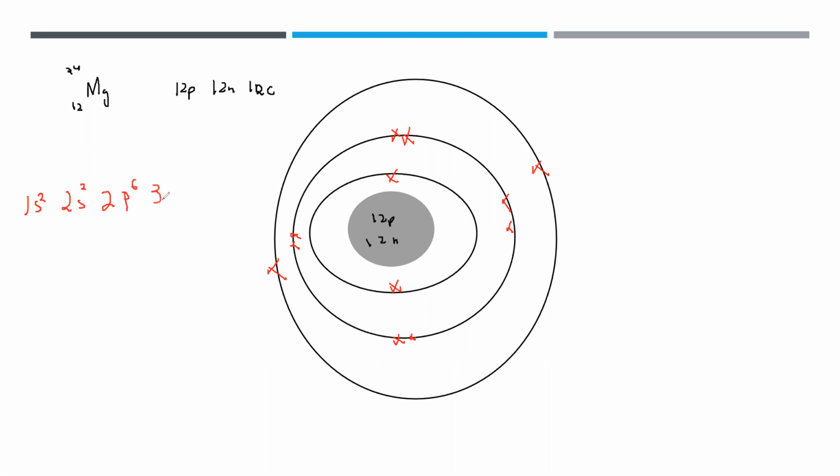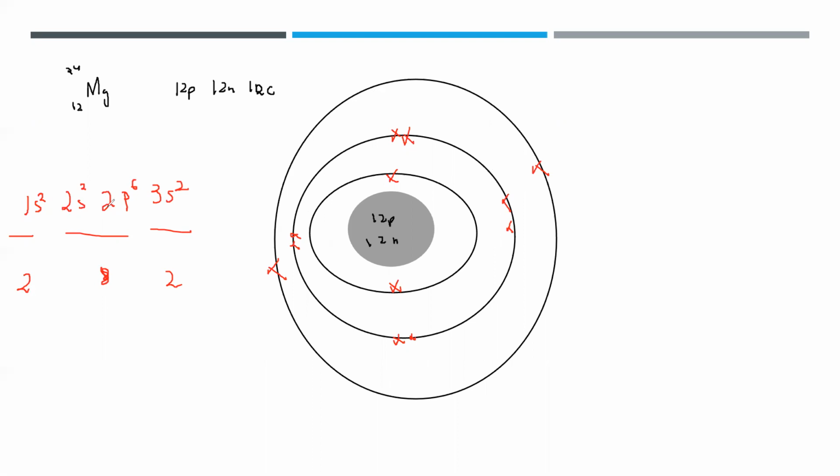And then 3s also contains 2 electrons, so that's 3s2. You can see here the first shell has 2 electrons, the second shell has 8 electrons, and the third shell also has 2. It's a similar way, but this gives more detail about where electrons are present and how many electrons are in each subshell.